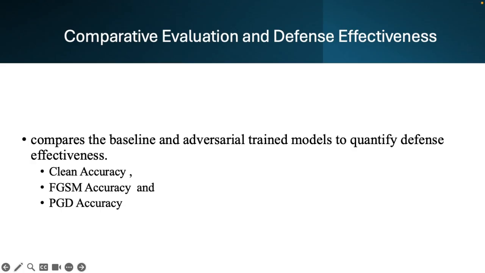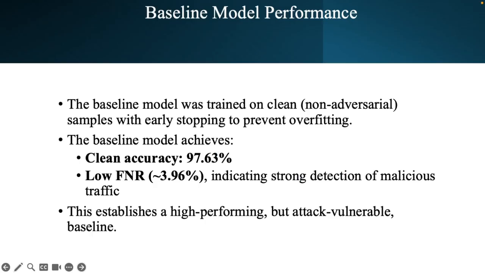The baseline performance achieved a model accuracy of 97.63% and a false negative rate of 3.96%, indicating strong detection of malicious traffic. This established a high-performance but attack-vulnerable baseline.